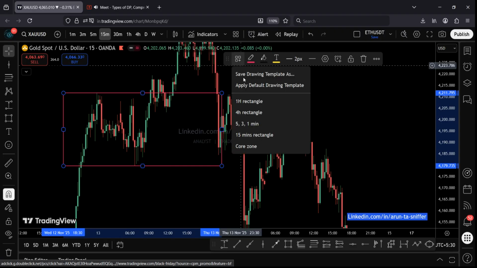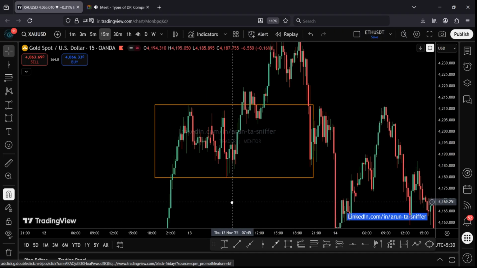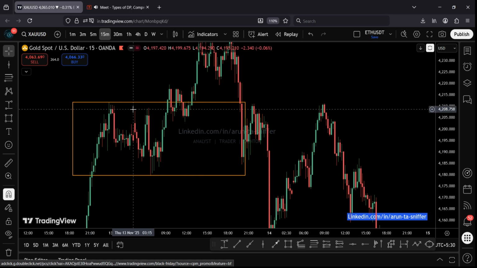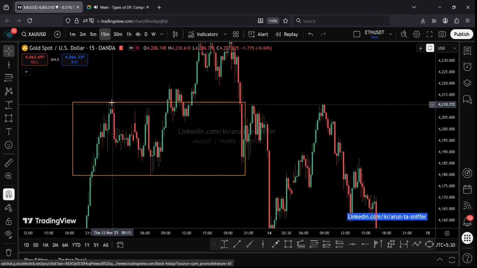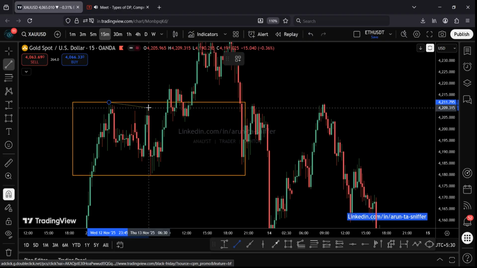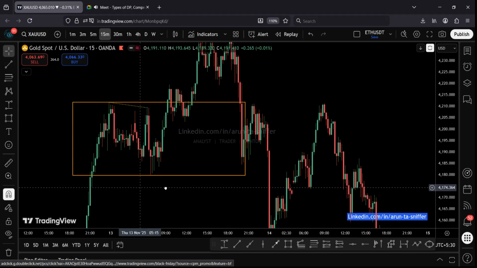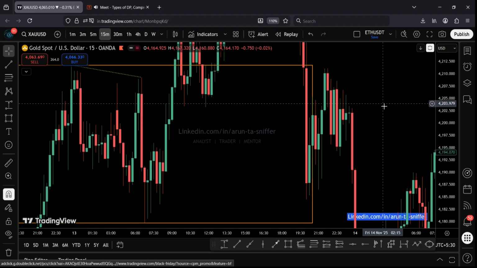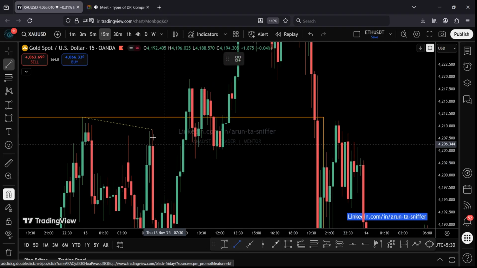We have zone like this. Okay, so what has happened here? Price came down, goes up, came down, goes up, came down. So what has happened? Order has been transferred here, right? So our actual level will be here.